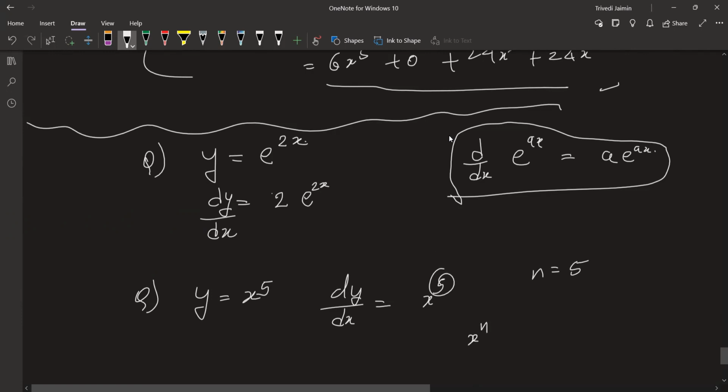X to power n means n into x to power n minus 1. So 5 into x to power 5 minus 1, which is 4. Okay, sir. What about Shadab? Yes, sir. You got it? Same? Yes, sir. Got it.